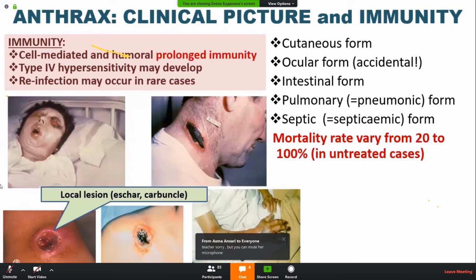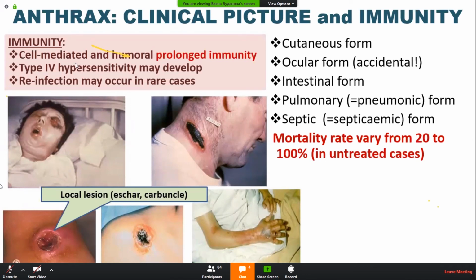Immunity to disease. You can see that it is both due to cell-mediated and humoral immunity, which is prolonged. Because bacteria release exotoxin with a protective antigen. So such protective antigen induces antitoxic immunity development, humoral antitoxic immunity. But they also have capsular antigens that induce cell-mediated immunity.